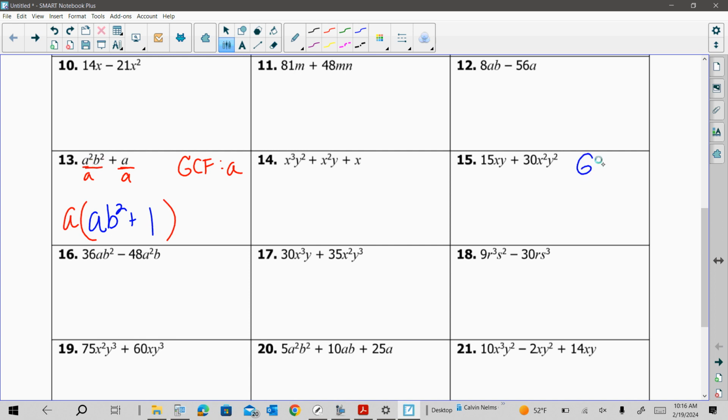Then plus a divided by a will turn into 1. So on 15, GCF of 5xy plus 3x squared y squared. 15xy. Yep. They have a 15 in common with the number, and an x and a y with the variables. I'm dividing each term by that 15xy.